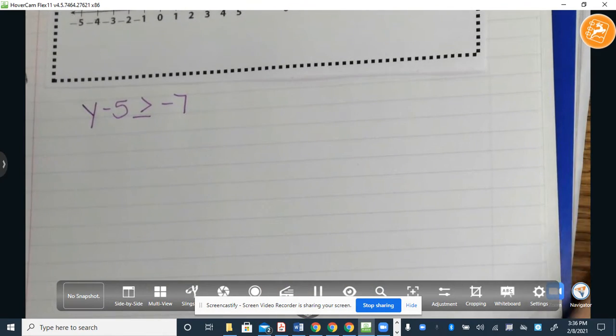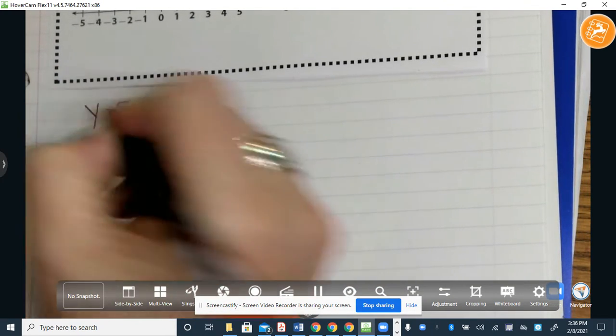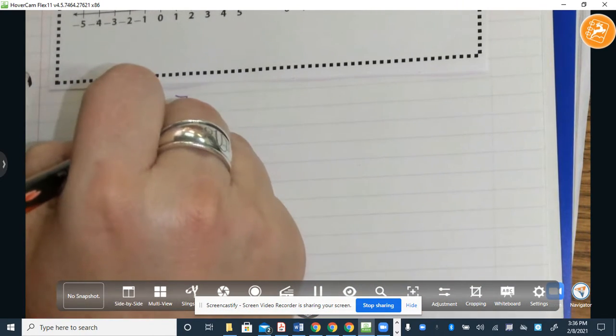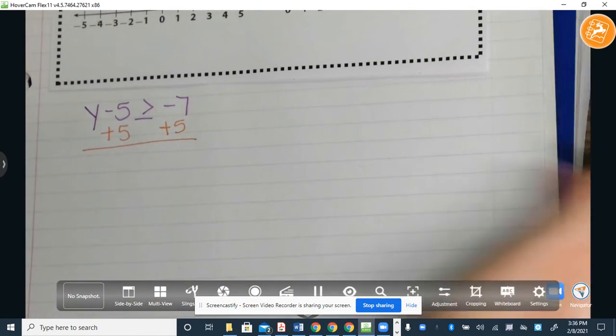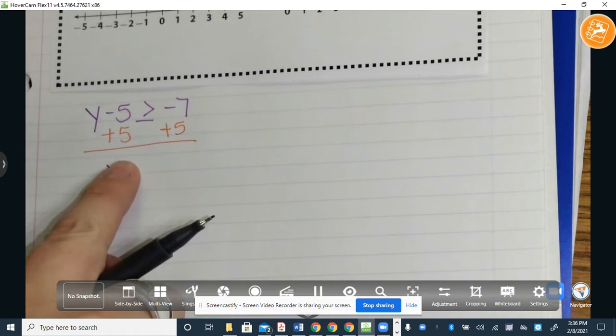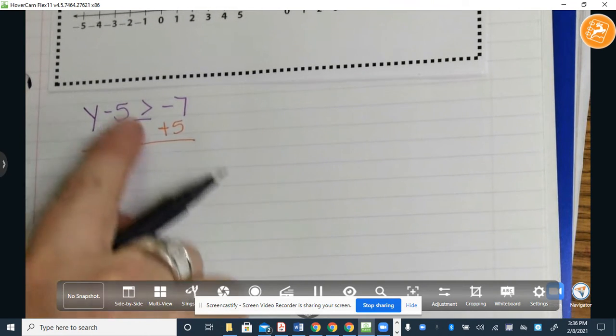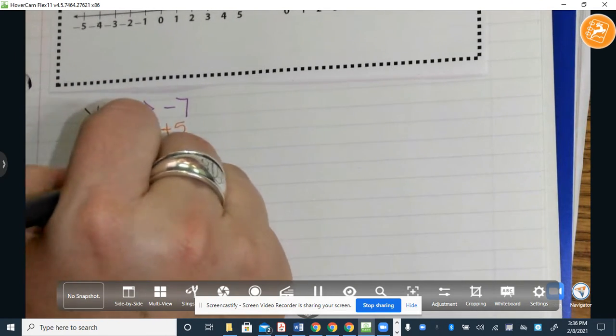I need to get that y by itself, so I need to get rid of subtracting 5. I do the opposite, which is adding 5. I add 5 on one side, and I add 5 on the other side, keeping it balanced. Then y is what I'm left with, because this cancels out to 0, and we don't write y plus 0. We just put y. I'm bringing down my inequality symbol.